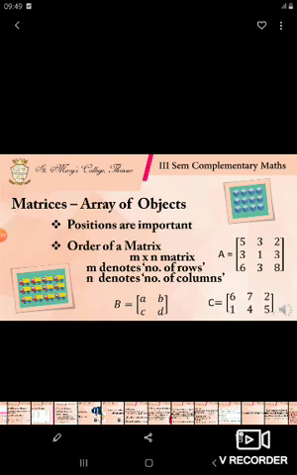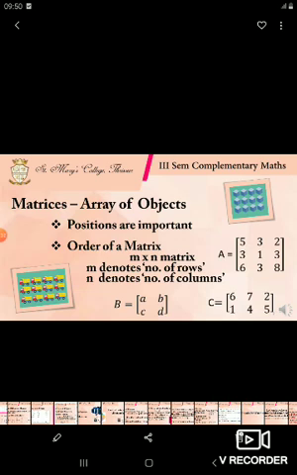In an array there will be rows and columns. So first row, first column, like that, positions are important. A matrix is a mathematical concept where objects, or mathematically numbers, are arranged in arrays.